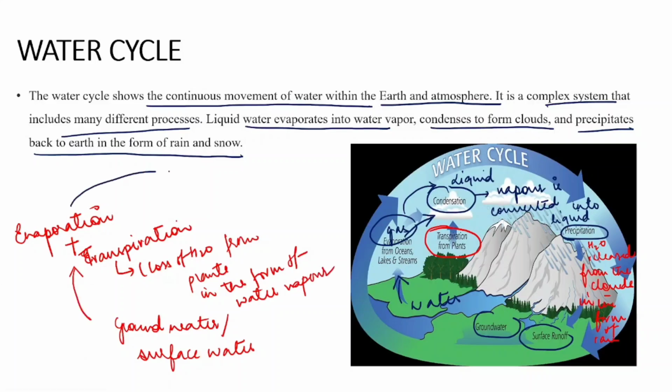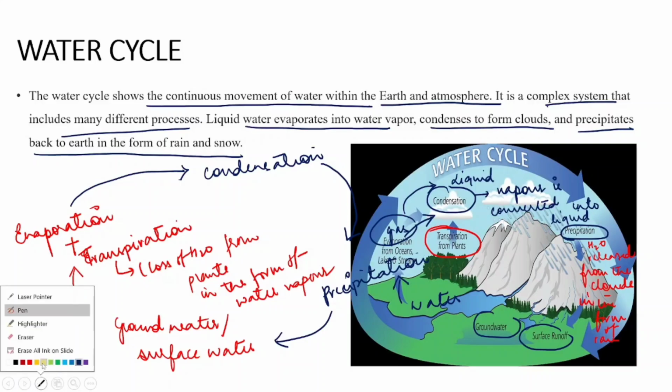What will happen now? This evaporation will lead to condensation. Condensation means water will turn into liquid. Now what will happen? Precipitation. Now again in precipitation, the water is released back into the environment. So here you see evaporation is water turning into gas.